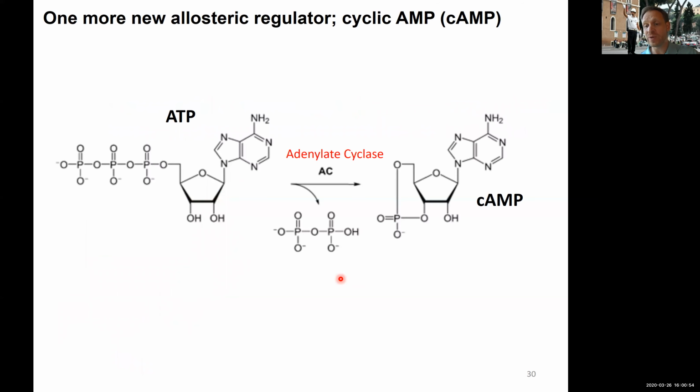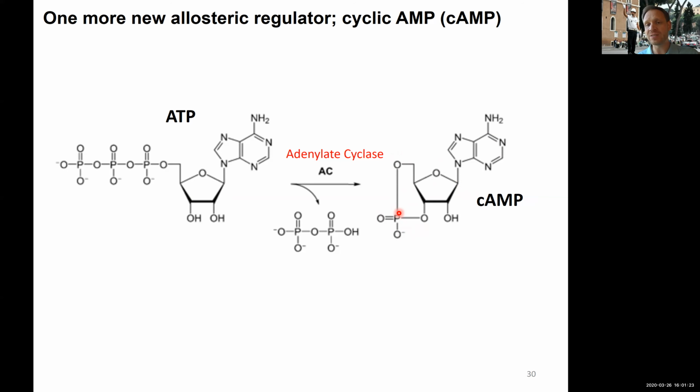In order to do so, we have to first introduce one more new allosteric regulator. And again, this is one that we can't necessarily deduce from our energy metabolism, and that is cyclic AMP, or cAMP. Some of you may already have heard about it. What it actually is, is essentially AMP with the monophosphate group, the phosphoryl group, forming a cycle, a ring, with the ribose molecule.